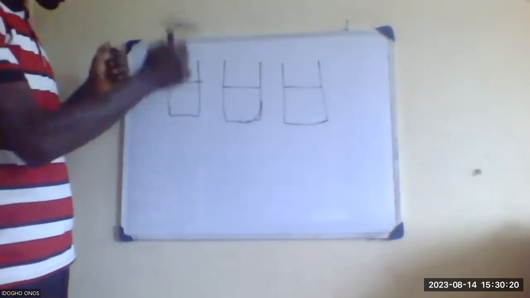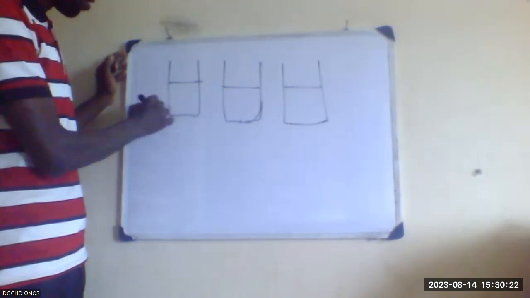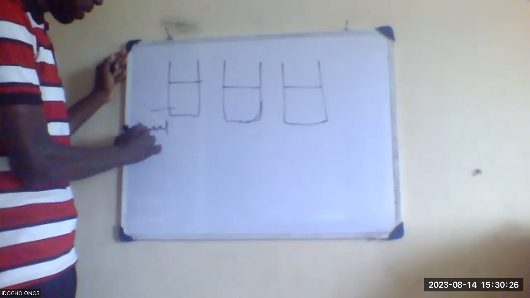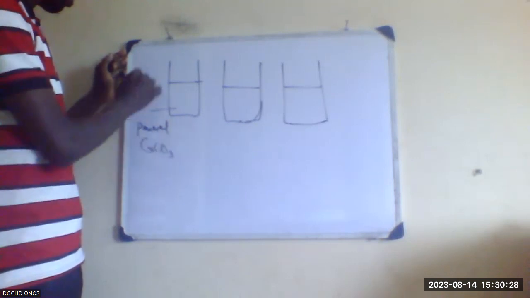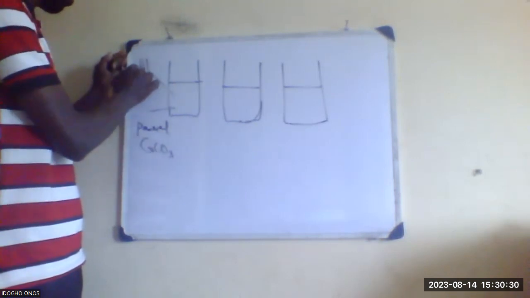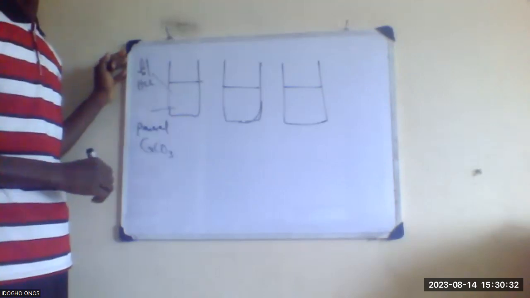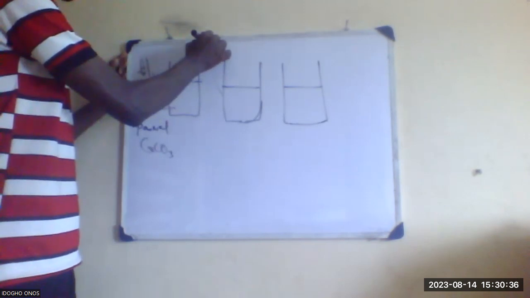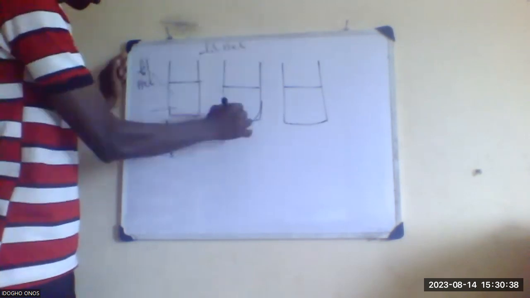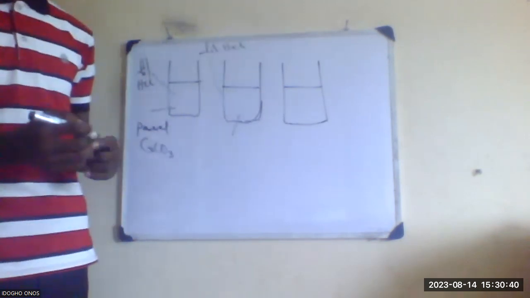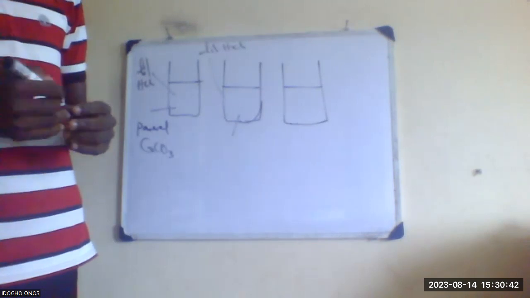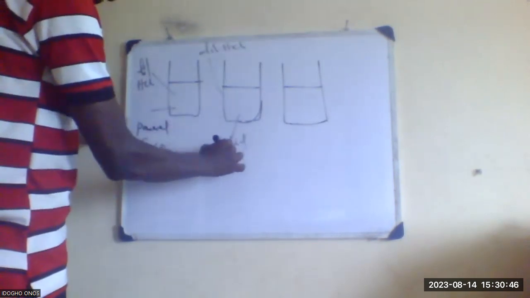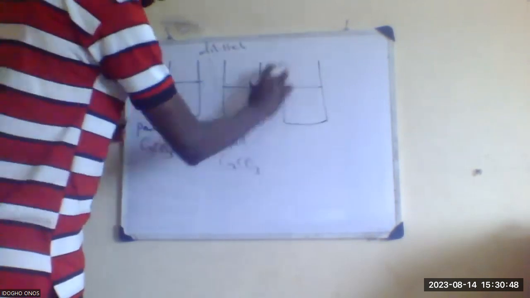In one of them I have powdered CaCO3 with dilute HCl, that is dilute hydrochloric acid. The same thing here too, dilute HCl, but this time around the calcium carbonate is not powdered, it is solid CaCO3. Let me use only 2 now.